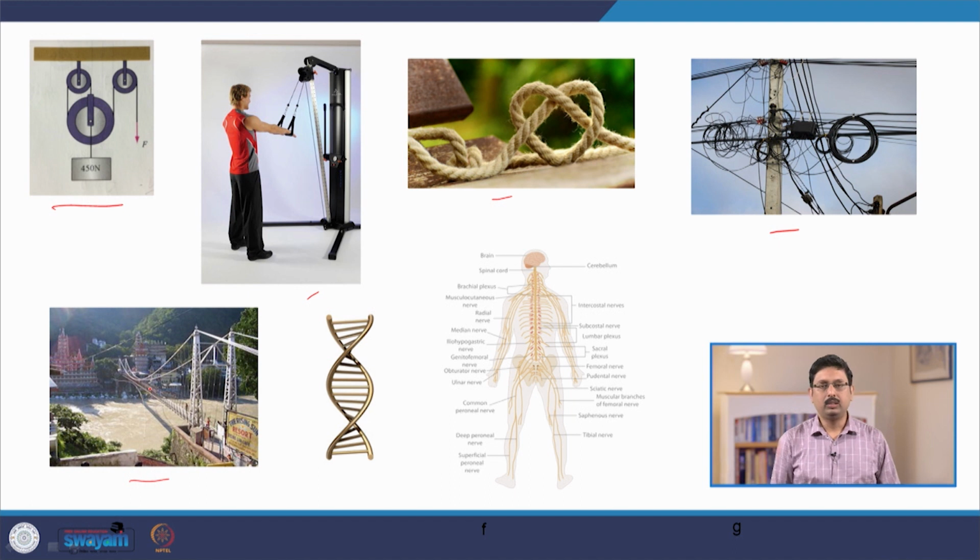For example, our muscles and nerve cells you can think of mechanically as nothing but rope, and even inside the cells there are DNAs which also look like rope.